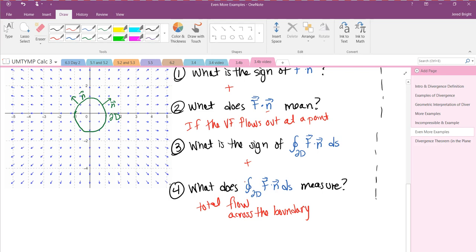So now I'm kind of curious, if we talk about total net flow over a region and total flow across a boundary, is there a relationship between the two? Maybe, maybe not, or maybe these are just interesting things to study. And so I think that will segue nicely into what we're going to discuss in the next video.